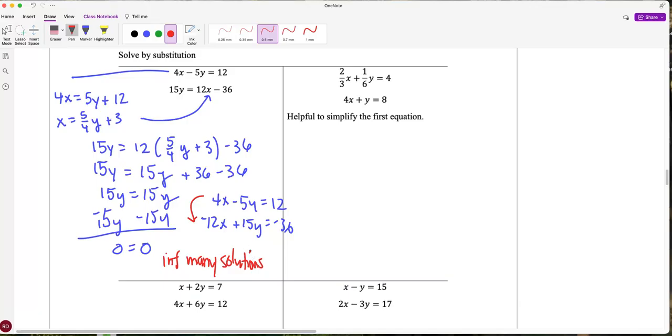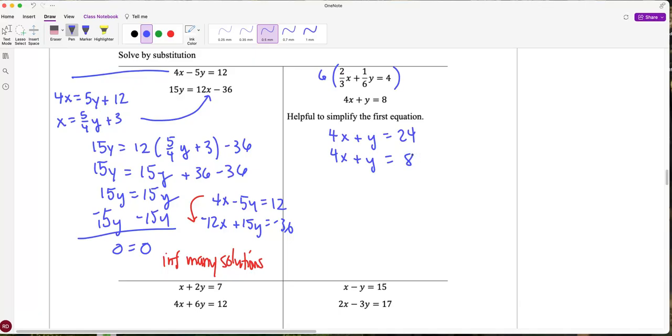If I look at the next one, I got fractions off the bat. Okay, there's a way not to deal with those. I can multiply by the common denominator, which is 6. And so what do I get? I get 4x plus y equals 24. The next equation is 4x plus y equals 8.